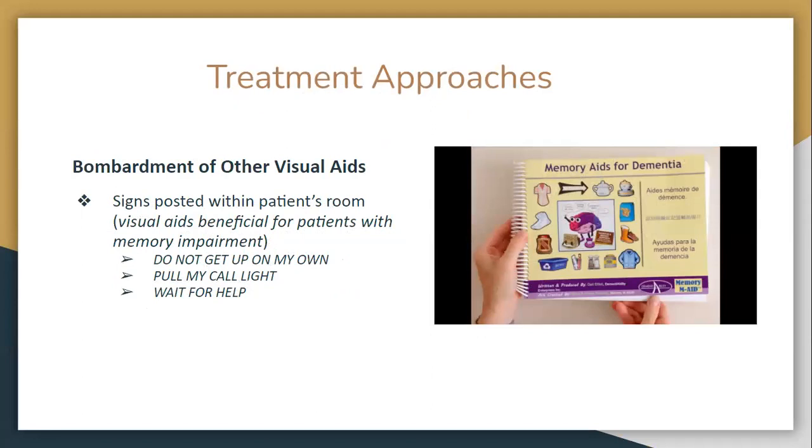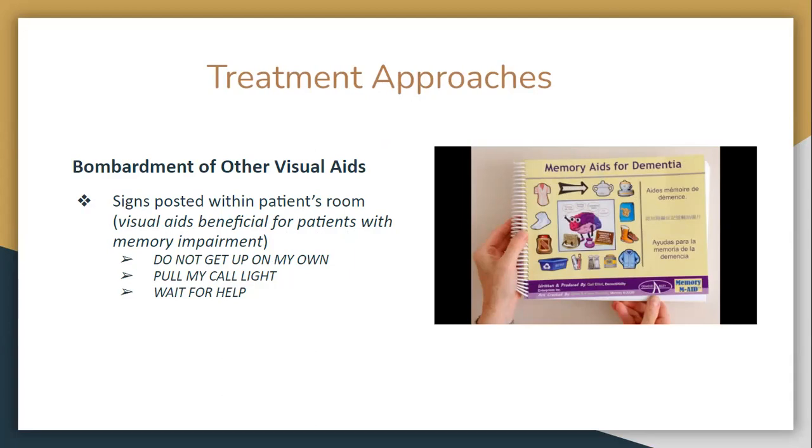Another treatment approach I have found helpful when working with a patient in preventing falls is bombardment of other visual aids. I will post signs within the patient's room, allowing for reminders of the safety concepts that we discuss within our therapy session and within the memory book in order to prevent falls.